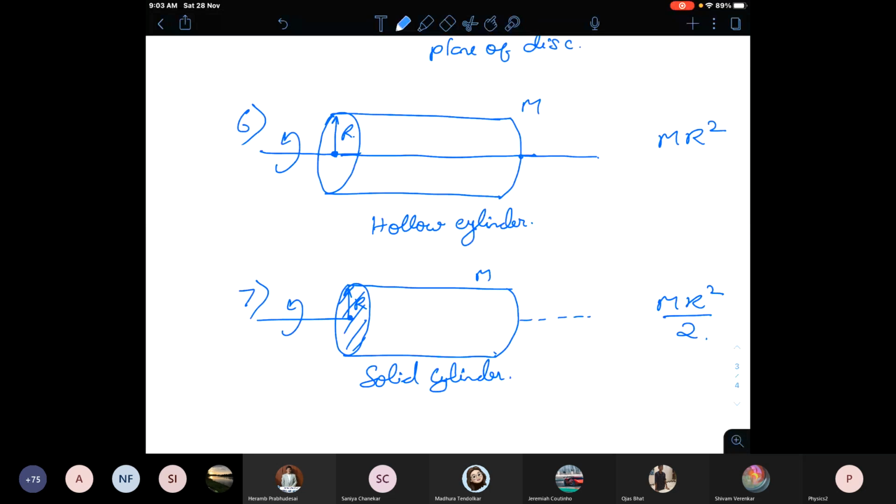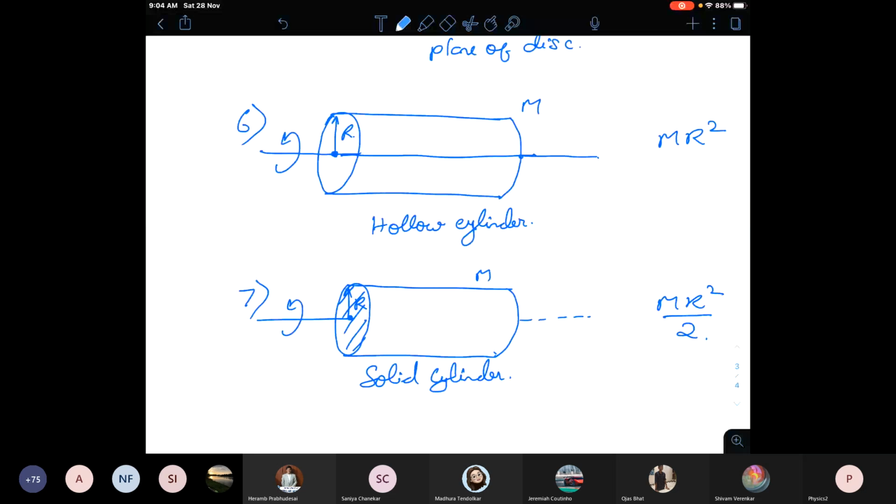How? Just try to create a cylinder. A cylinder can be created by keeping one ring above the other. A hollow cylinder is a combination of rings. You can say an infinite number of rings were used to create a hollow cylinder.